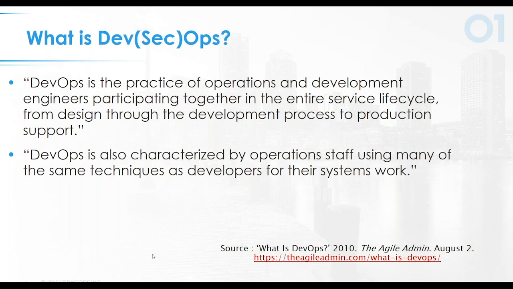Whichever definition you go by, DevSecOps culture provides the right environment for continuous improvement, efficiency, and high performance, and moves security left towards the developer, meaning it helps address security issues early in the software cycle.